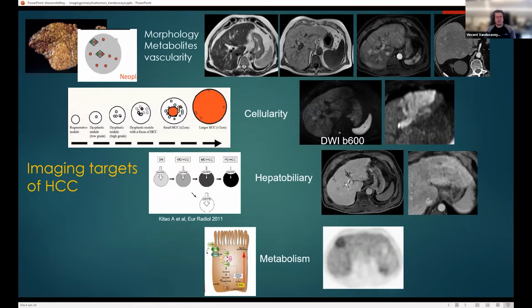Another contrast agent that meant a huge advantage, there are currently two of these contrast agents available, is the hepatobiliary phase contrast agents. We actually call this delayed imaging because they are scanned during the hepatobiliary phase, the phase of the hepatic and biliary excretion of the contrast.